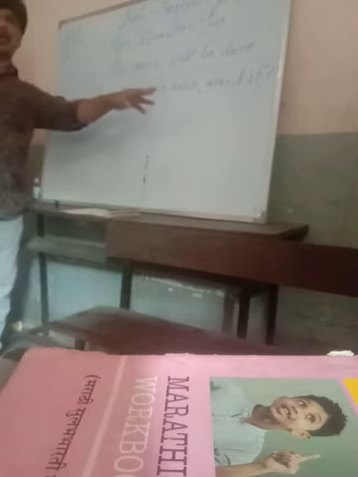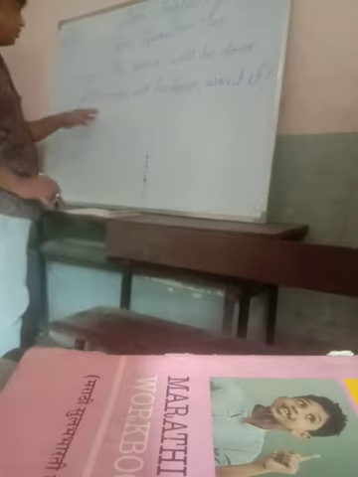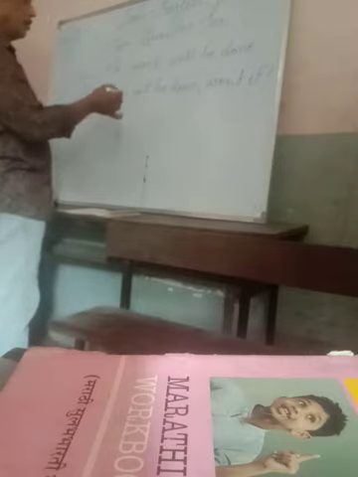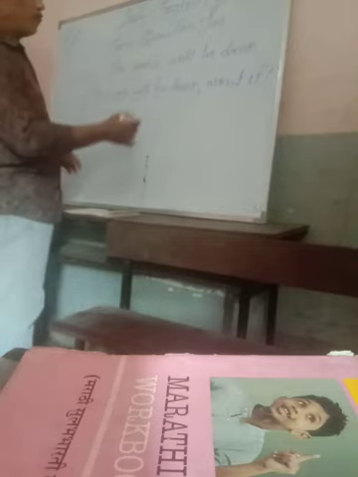Here now you have to pay attention to why I made that question tag this way, means why I wrote won't it. Because the sentence given is in the affirmative form, correct? And besides, it is a future tense, will. So we have to make the question tag in a negative form.